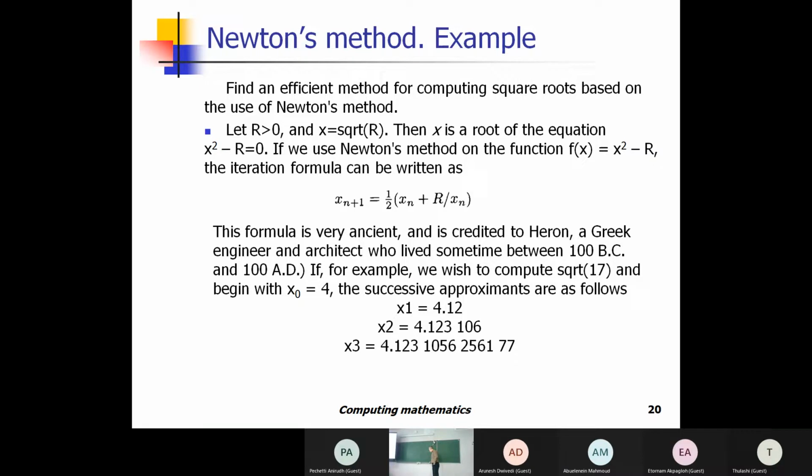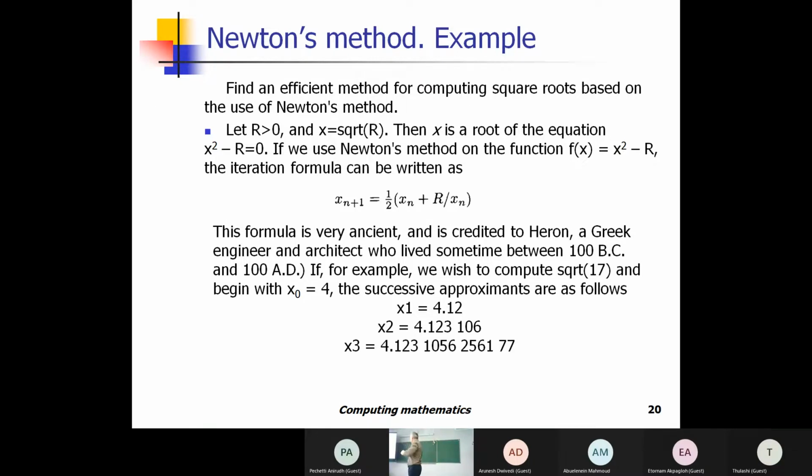I just moved R to the left side, and as x is the square root of R, x squared minus R must be 0. And this is a function, and the root of this function will be the square root of R. Okay.